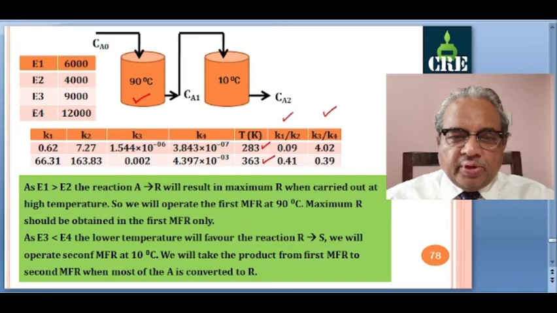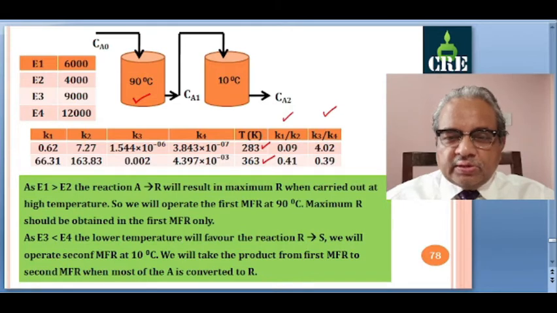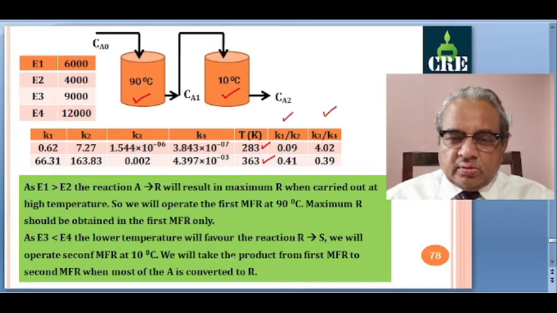For the second set, if we compare, here E3 is less than E4. That means lower temperature will favor R gives S, and this we want to favor. So we'll operate the second mixed flow reactor at lower temperature, and the lowest temperature we can operate at is 10 degrees.